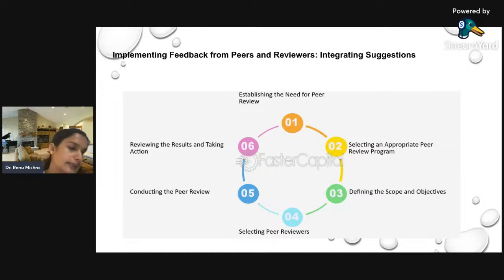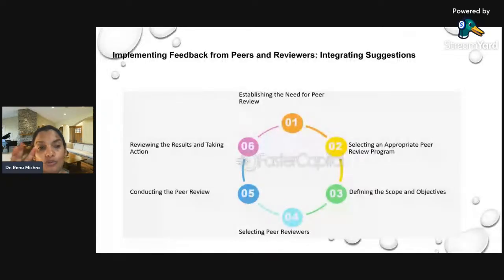Once you are sorted that you want somebody to review your work, you need to decide who will do that for you. Then you need to decide the scope and objective, that is, what you want from your review program and who will review. Then you conduct the review, and then you review the results and take action. Now, in my opinion, the most important steps are the last two.